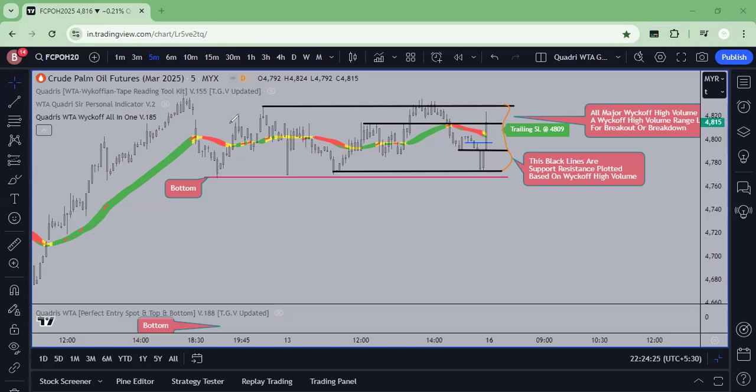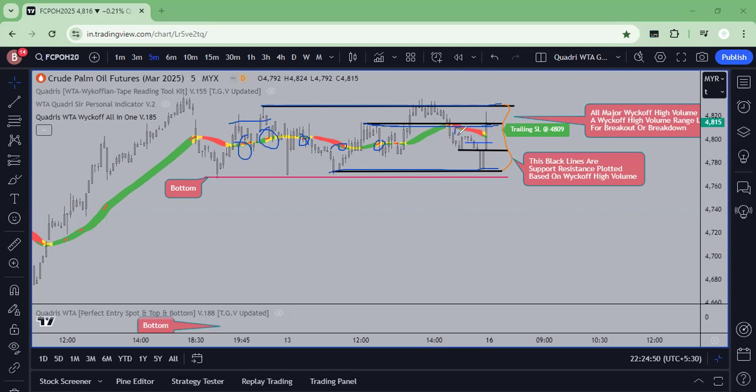So coming back to the point, this was a supply, heavy volume supply, continuation of heavy volume supply. I draw a resistance across this one. Then we got demand, heavy volume demand. I extended a support from this particular point. And after that, this is an intermediate supply level, and I extended the line.